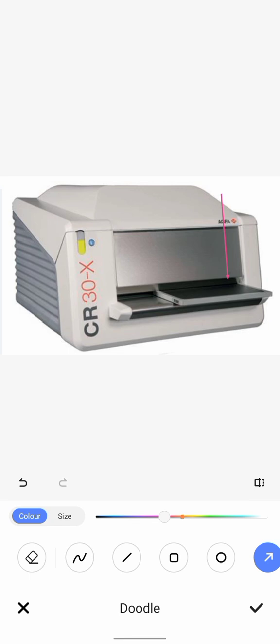This is now the cassette inside the image reader. Inside the cassette there is an imaging plate, as I showed you in the previous video. In this imaging plate there is information. The information came from the patient, because previously we exposed the patient to the x-rays. The x-rays took information from the patient and pasted all that information on the imaging plate.